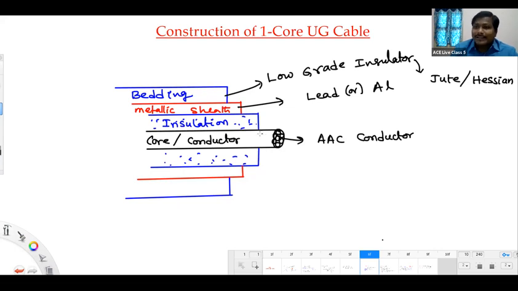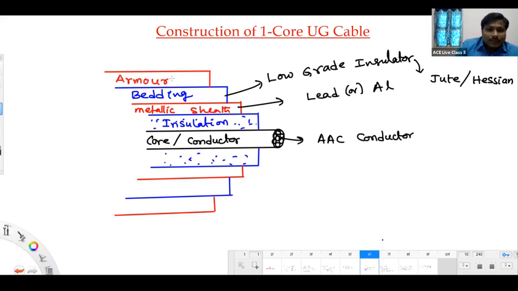So to protect this insulation and conductor from external mechanical stresses, we are keeping one layer called armoring, the mechanical protection layer.